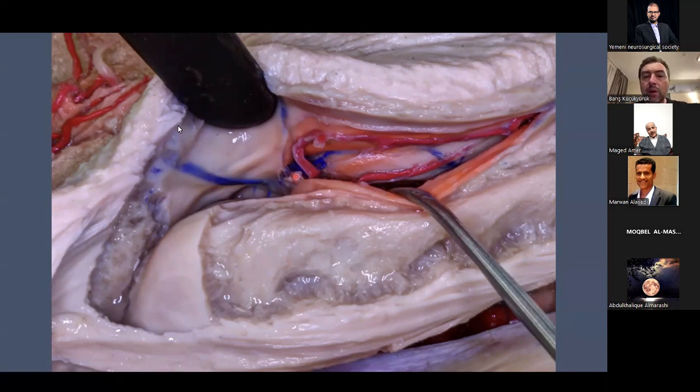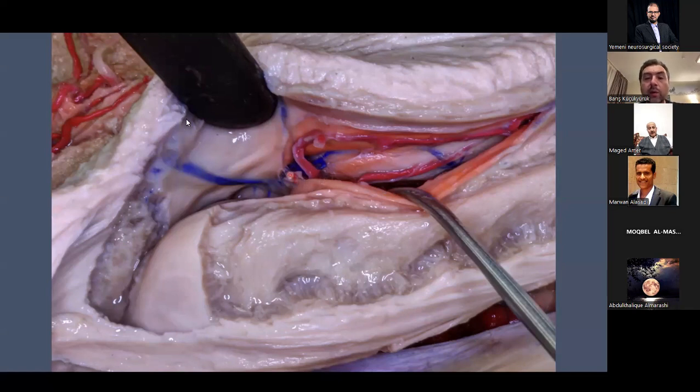There is the inferior choroidal point, which is very important in epilepsy surgery particularly, or when we remove the temporal lobe. The inferior choroidal point is where the anterior choroidal artery enters the temporal horn to supply the arterial blood of the anterior choroid plexus.